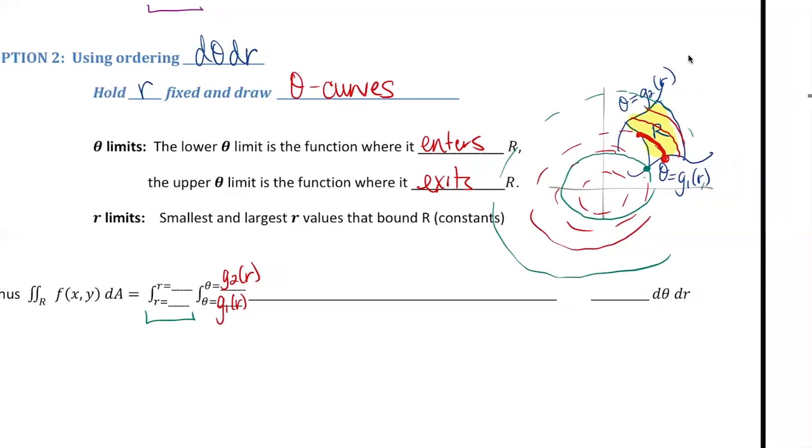So let's call this smallest r alpha right there, and this largest one we'll call beta right there. So alpha to beta. Now, I understand this probably looks really crazy. I'm about to show it with a specific example, so I think you'll be okay in a minute. But I just wanted to give you the general idea before we jump in. Okay, so let's look at a couple specific examples next.